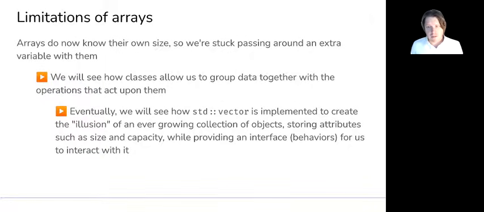That might be one way to manage this a little bit better if we're using these very primitive arrays. Essentially, we will see how a standard library vector does this. It's implemented in a way that creates an illusion of an ever-growing collection of objects while storing attributes such as size and capacity and providing a bunch of behaviors for us to interact with. So we'll get into that soon.